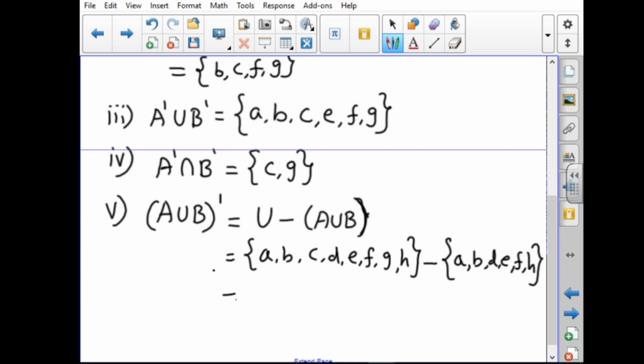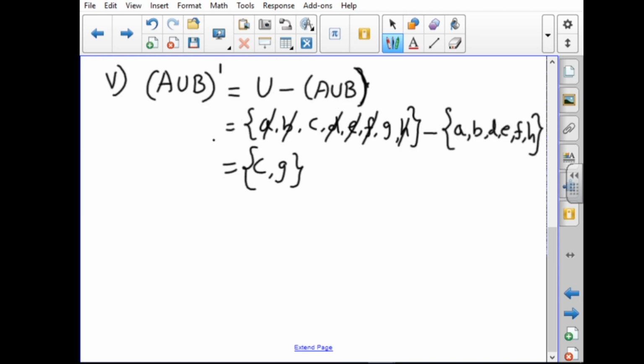Okay. So difference, complement. You have to strike out A, B, D, E, F and H. What are the remaining elements? C and G. This is your A union B whole dash.